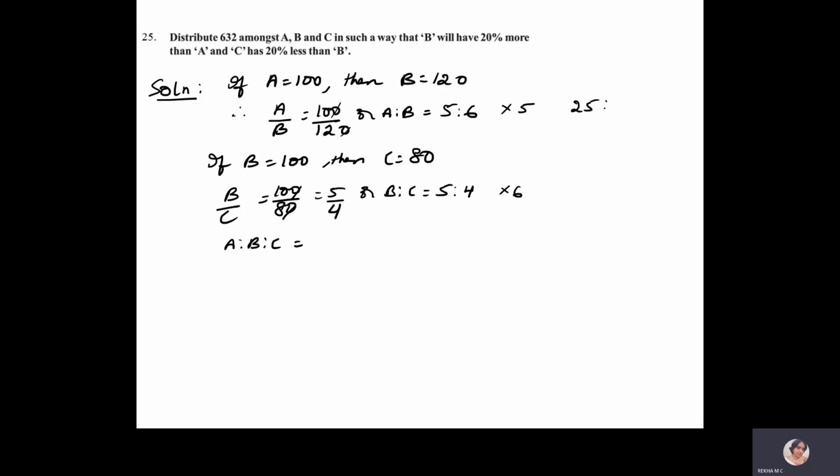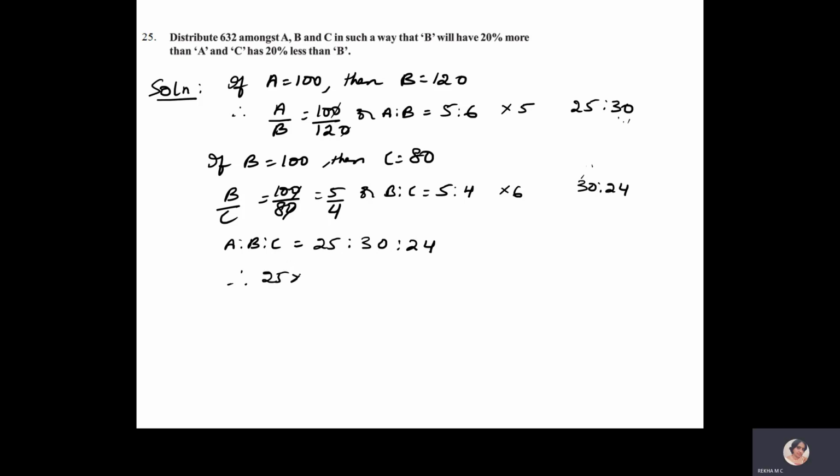This will be 25:30, and this ratio 30:24. Therefore, here B becomes the same, so the new ratio is 25:30:24. That is A:B:C.